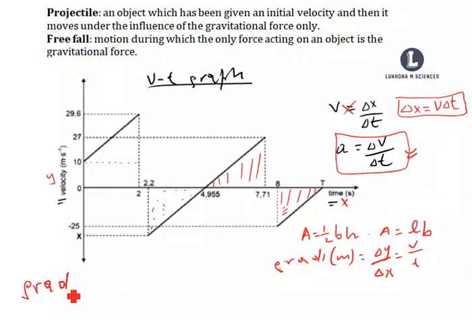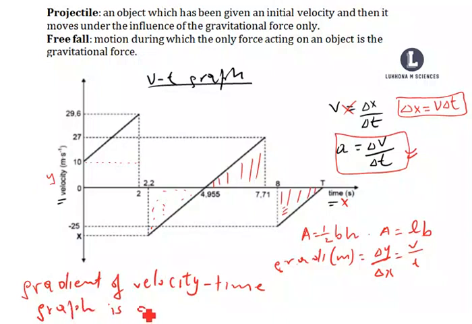The gradient of the velocity time graph is acceleration. It is 9.8 meters per square second, always downwards.